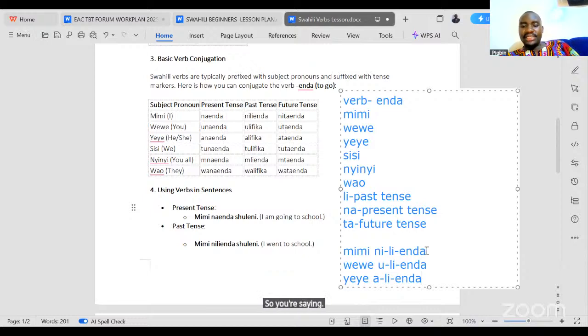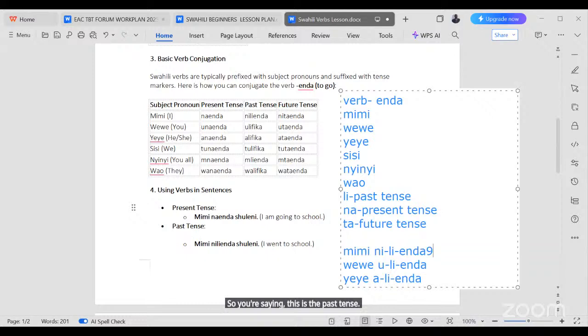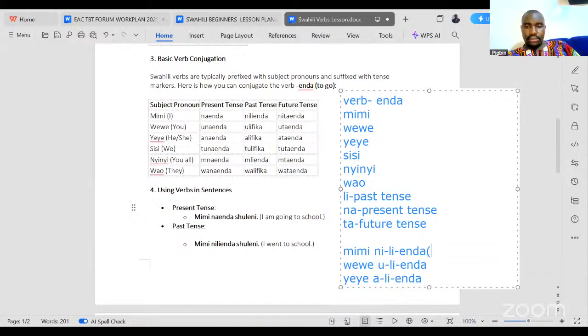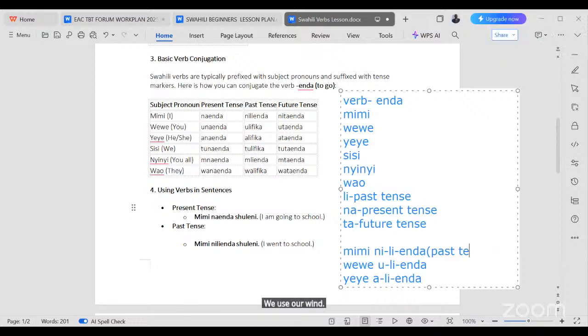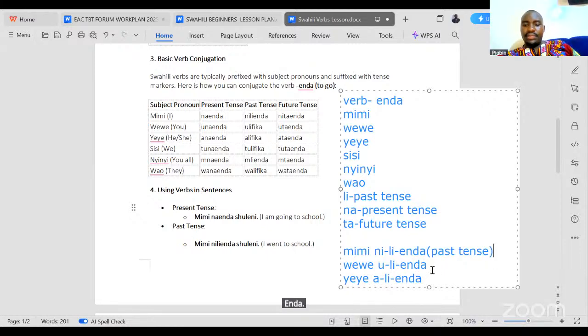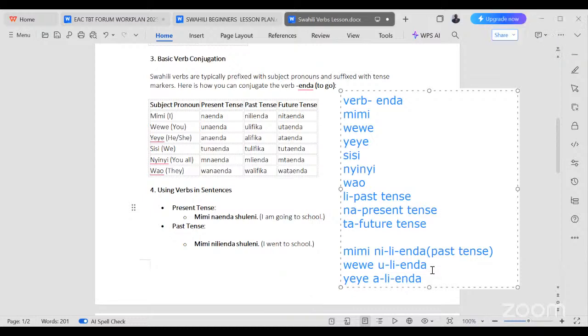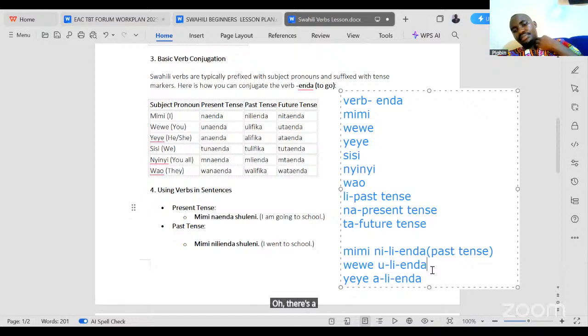This is the past tense, which means I went. Mimi nilienda. Wewe ulienda. Yeye alienda. All these are past tense.